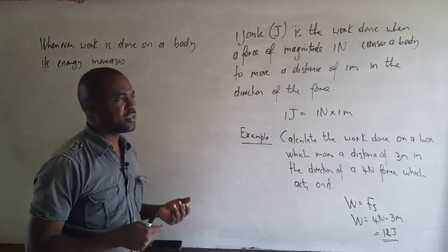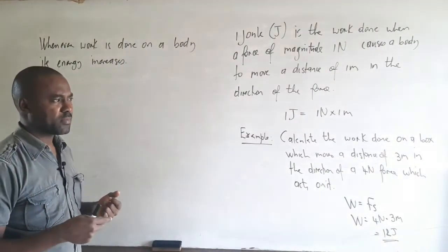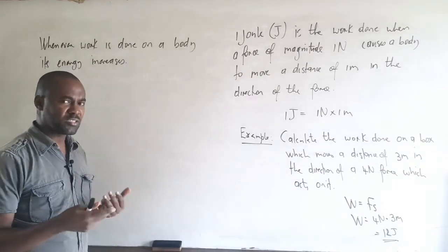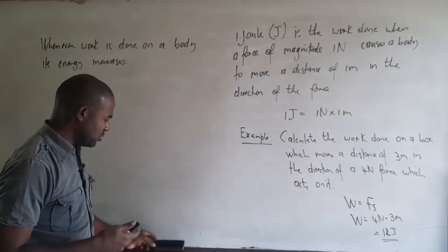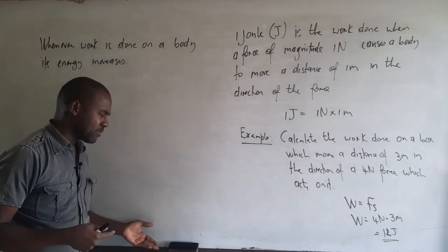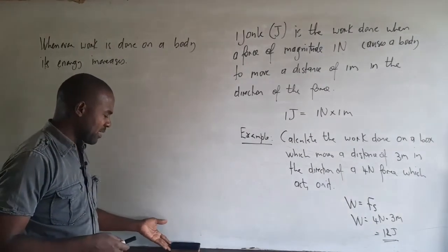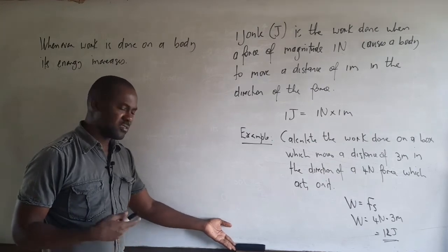So we basically say that in order for a body to do work, it must possess energy. But if that body does work on another body, then that body on which work is done will have its energy increased. So for instance, if I want to do work by pushing this eraser, I must possess energy in order to do work. If I push the eraser and it moves, then I'm doing work and the energy of the eraser is increasing.